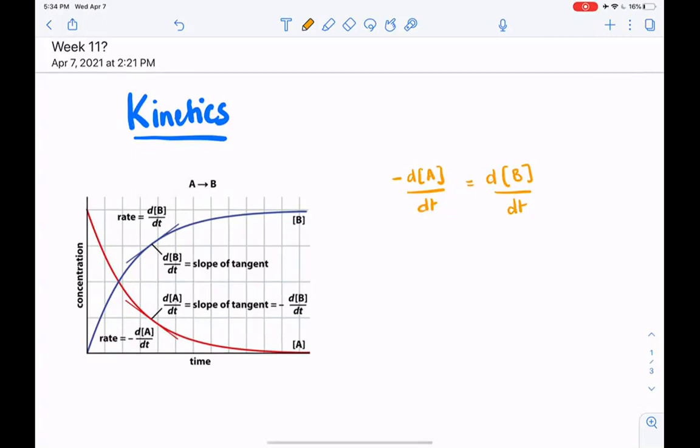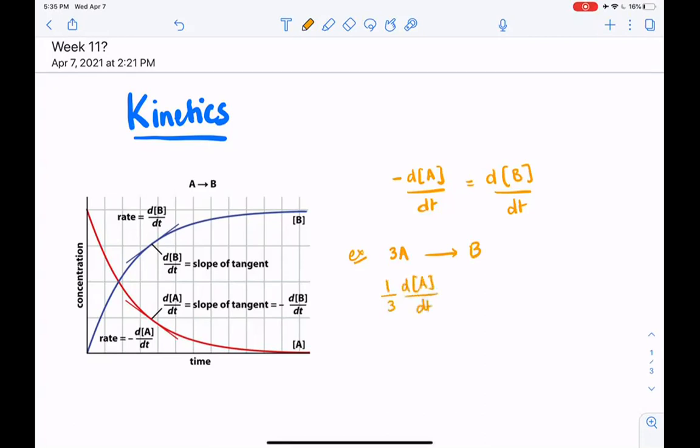And so if we did a similar example with, say, 3 molecules of A needed to make 1 molecule of B, we could apply the same equation to get something like this.